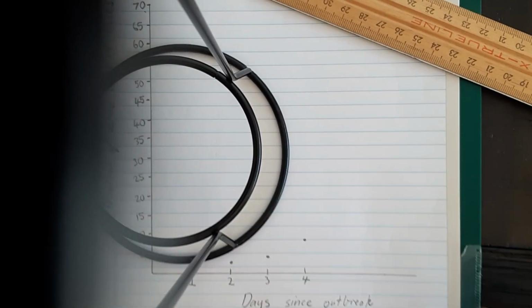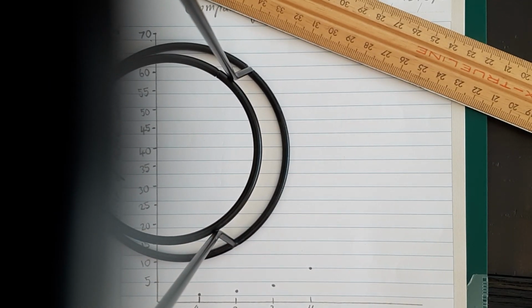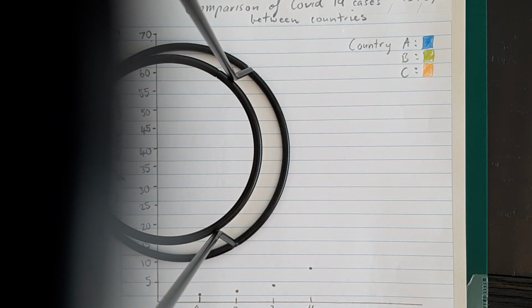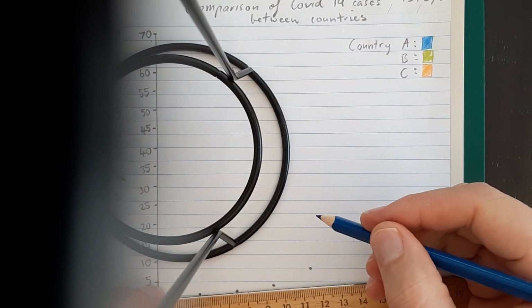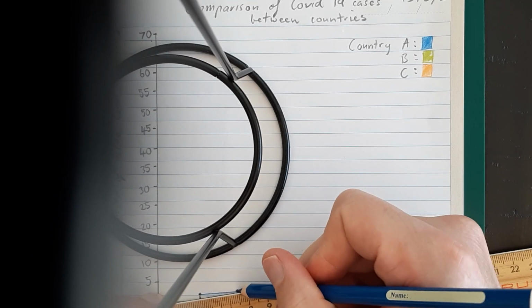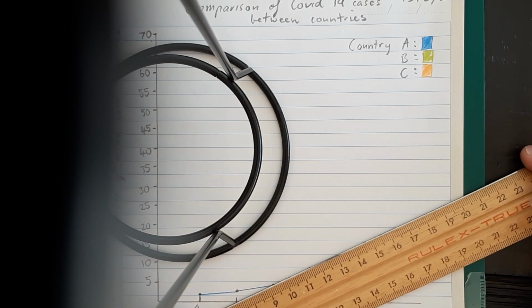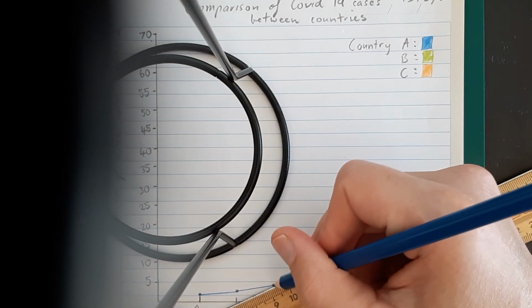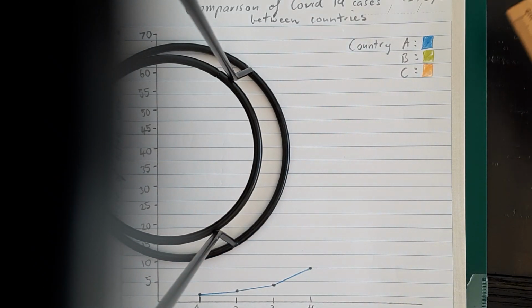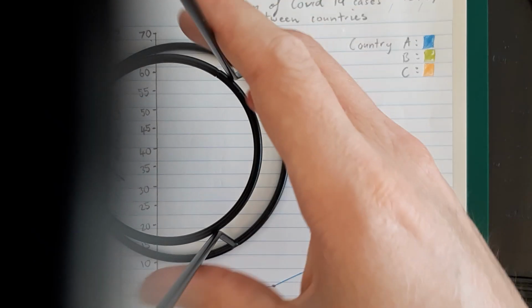Okay, and then I decided country A was going to be blue, so we are going to join this in blue like that, and you can see straight away that the number of cases is rising. Okay, country A done, country B now.